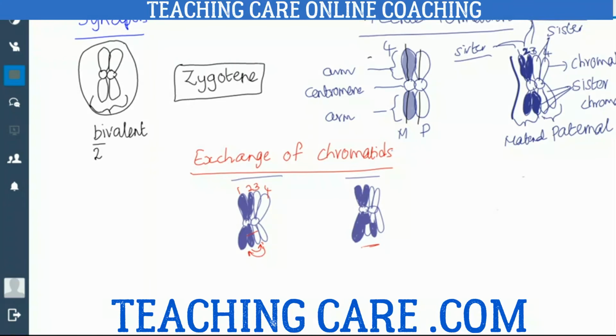Only see the second chromatid and third chromatid. Don't see the first and fourth. Just see the below point, don't see the upper point.